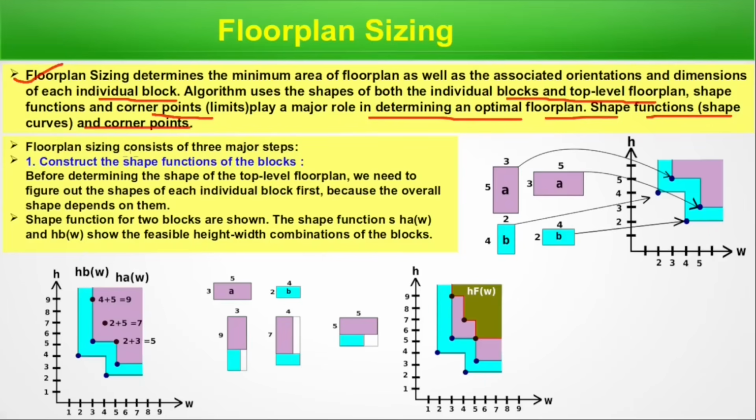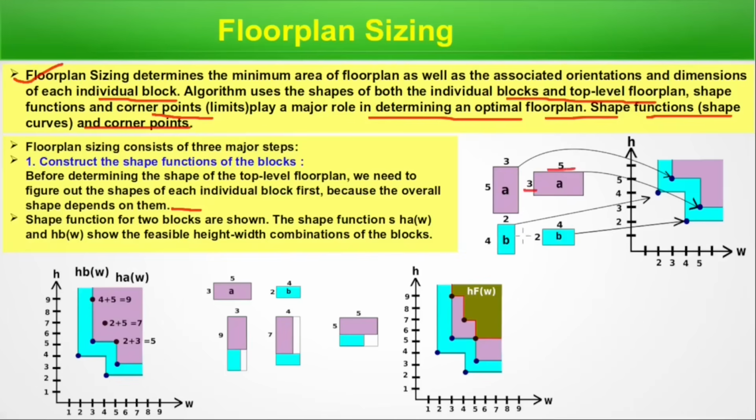So floor plan sizing consists of three major steps. First, construct the shape functions of the blocks. Before determining the shape of the top level floor plan, we need to figure out the shapes of each individual block first, because the overall shape depends on them. So there are two blocks. One is, suppose, 5 unit by 3 unit. If we vertically place it, this block A's height is 5, width is 3. And if we place it horizontally, height becomes 3 and width becomes 5.